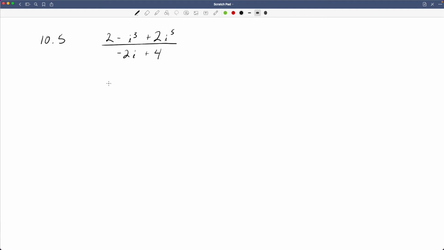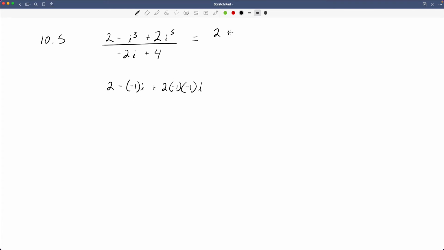So the first part, we've got 2 minus. Now we know that i squared is negative 1, so that would be negative 1 times i. And then here we would have 2 times negative 1 times negative 1 times i. So the numerator is going to resolve and be, negative and negative is a positive.